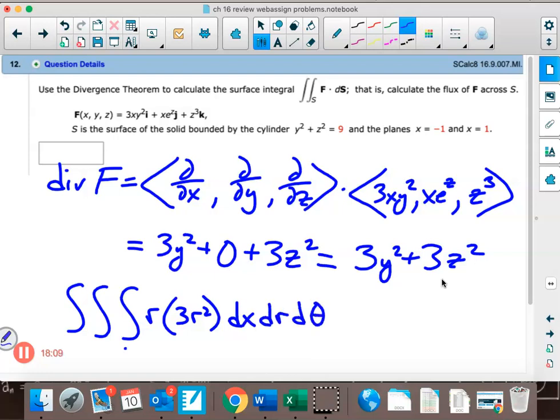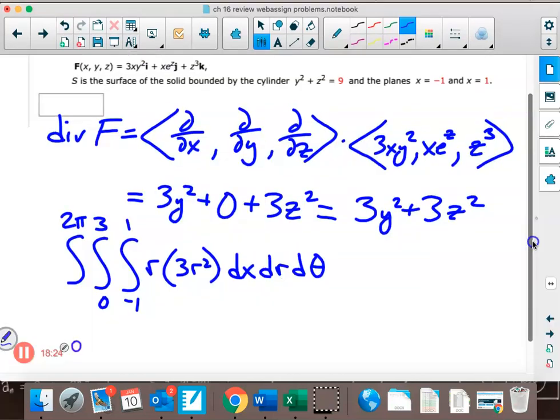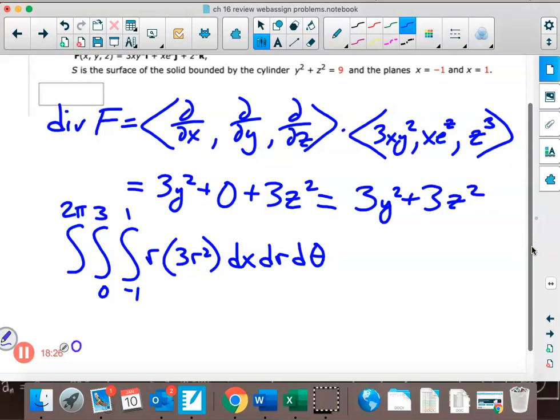My x's would go -1 to 1, my r would go 0 to 3, and my theta would go 0 to 2 pi. So it ends up being a really pretty simple integral. The only difference is that instead of z -1 to 1, it's x -1 to 1. I know you can all work this out.